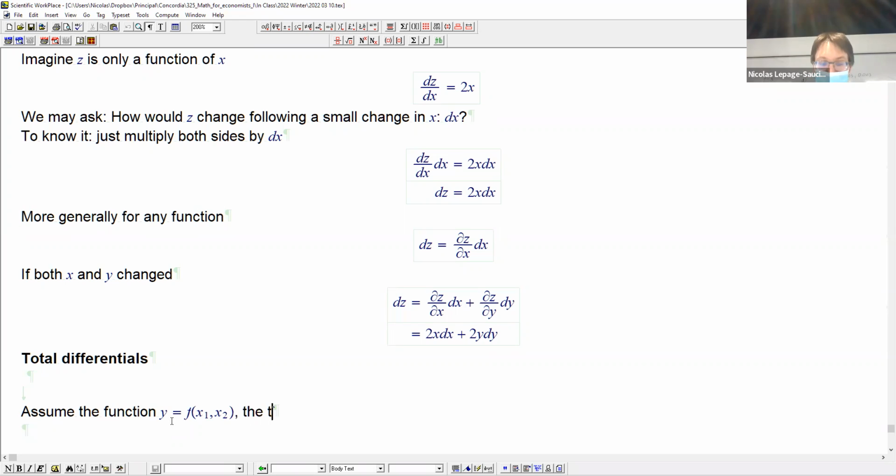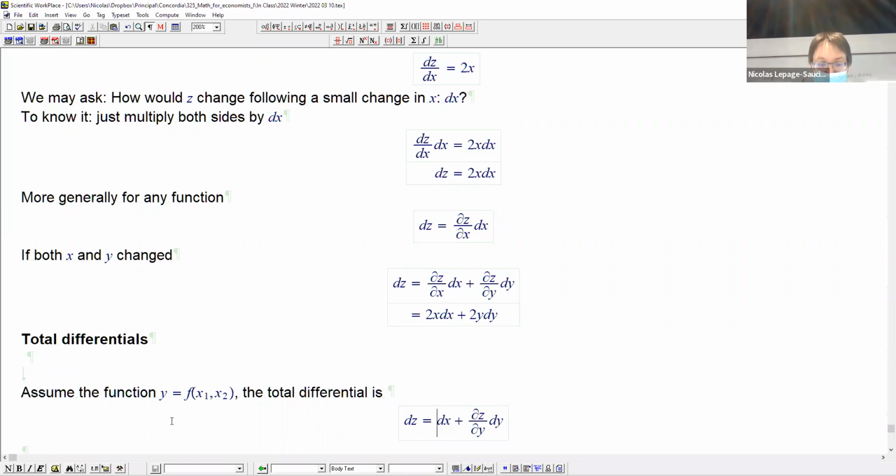The total differential is this. But here I'm just going to write it just for me. Maybe not a great idea. So df dx2 dx2.